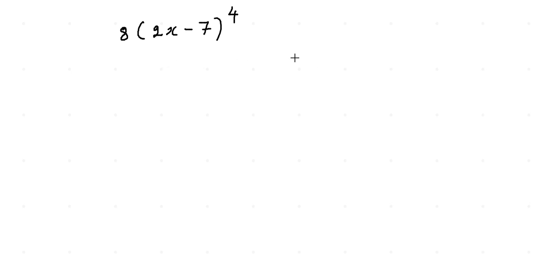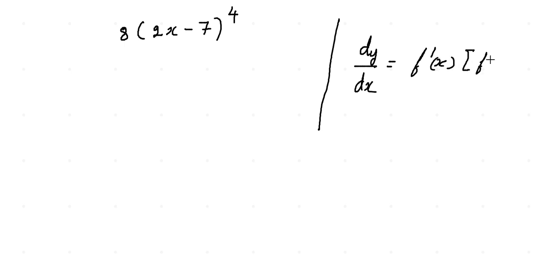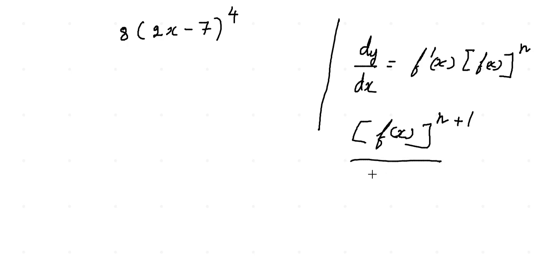This looks like the general chain rule that we studied, which is if dy by dx is equal to f prime of x into f of x to the power of n, then I do f of x to the power of n plus 1 divided by n plus 1, plus c. This was the formula that was given to us, if you remember.